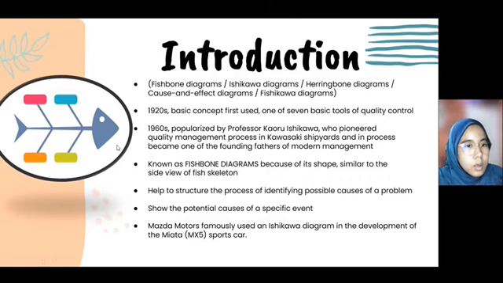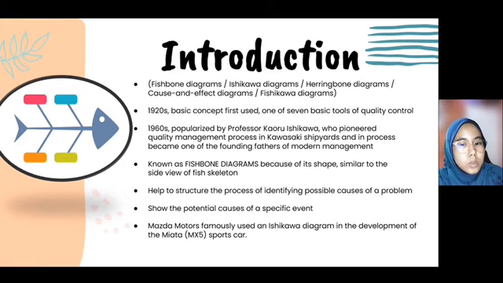Okay, what is the function of the fishbone diagram? The fishbone diagram helps to structure the process of identifying possible causes of a problem, and it shows the potential causes of a specific event. It is very suitable, like its other name, cause and effect diagram, which is why we use the fishbone diagram.